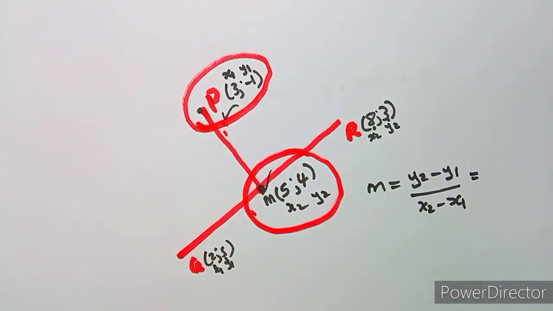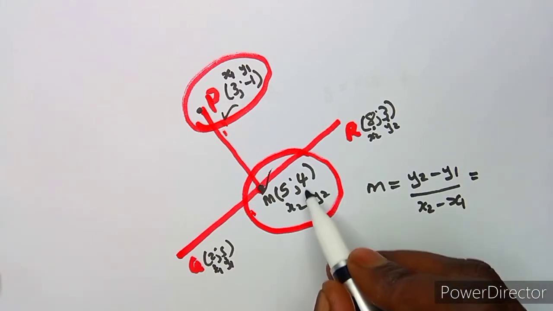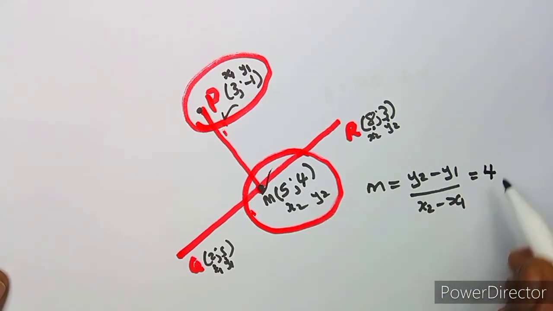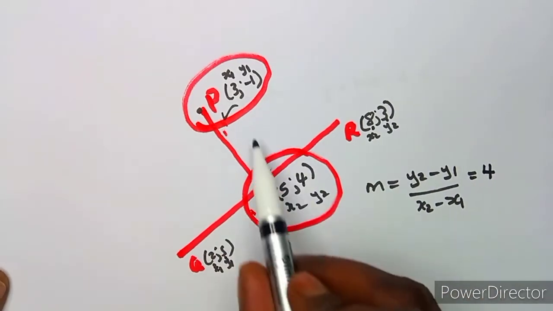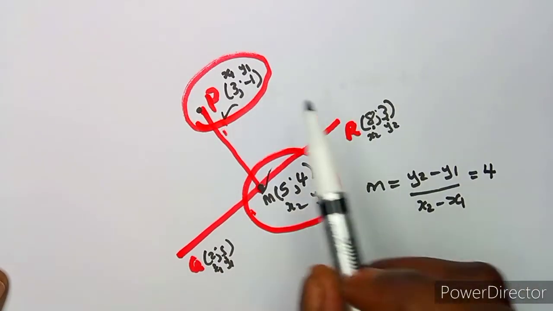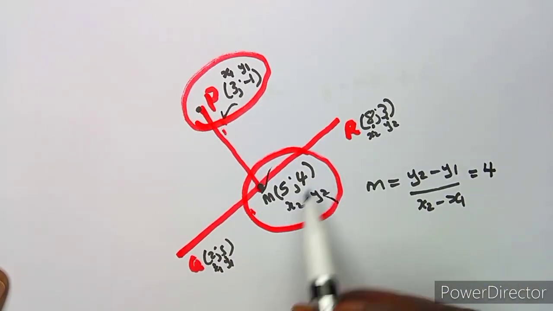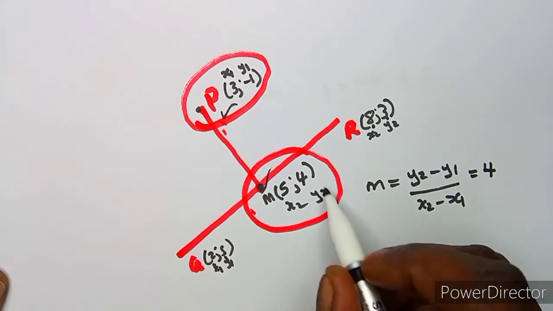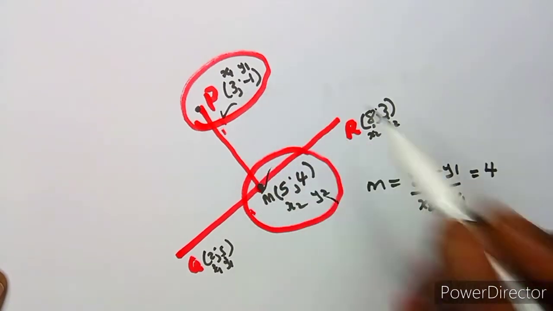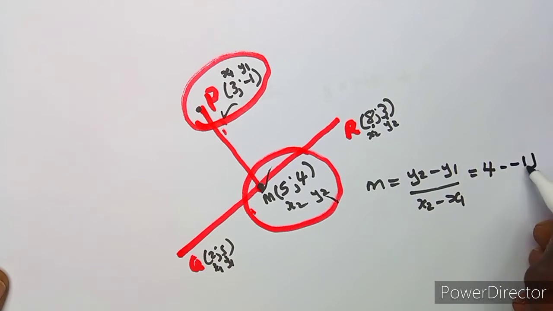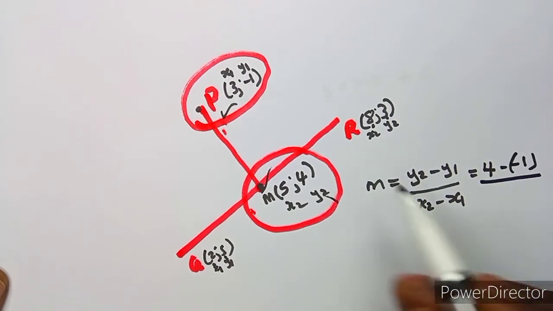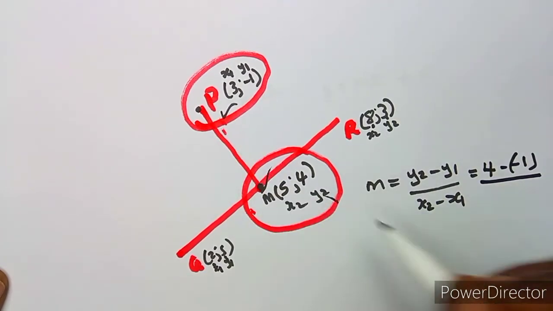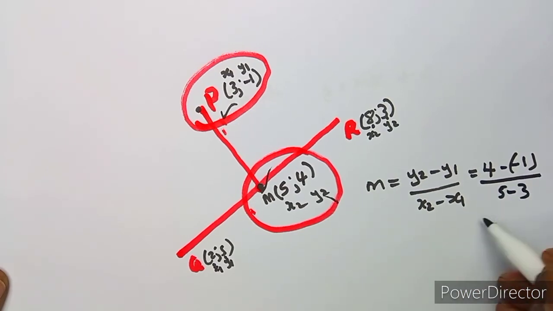So y2 here, according to my point, is going to be 4 minus 1. It doesn't matter, you can even start with the other one, but according to my illustration I have used this as my y2. Your calculators, guys, are good at simplifying all these, so don't worry about it. 5 minus 3, your calculator is going to simplify everything for you.